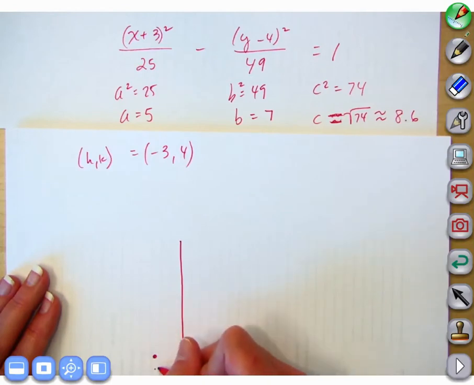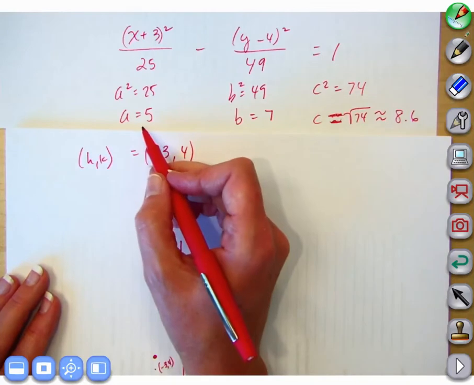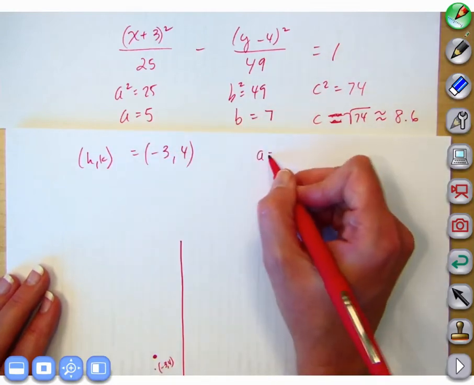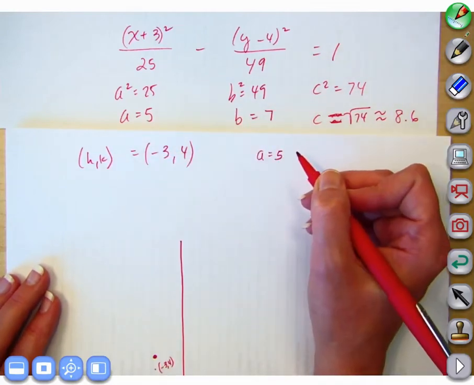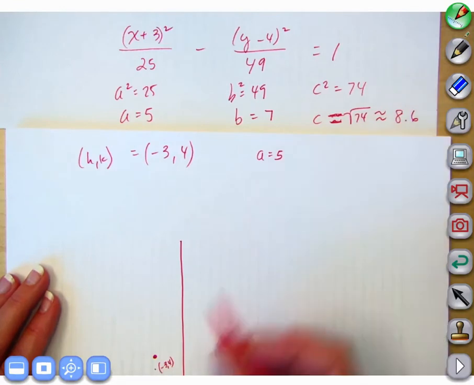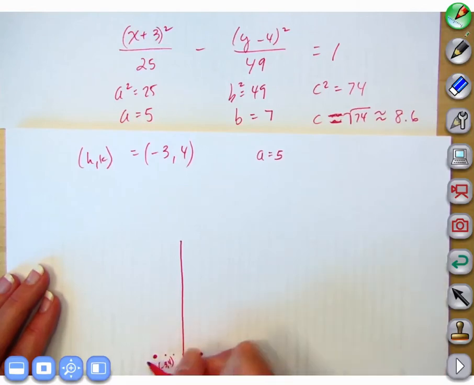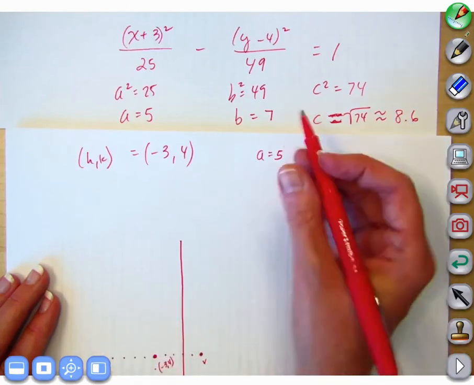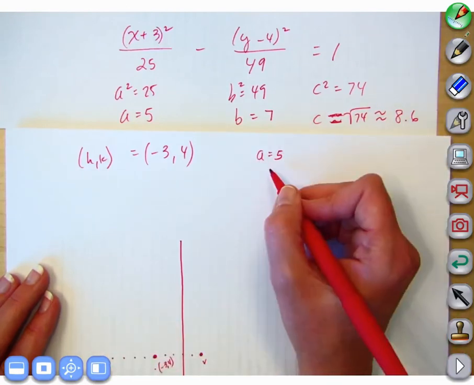So there's my center point at negative 3, 4. What is A? A is 5, and that is the distance to a vertex. So 1, 2, 3, 4, 5. That's a vertex. And then in the other direction, 1, 2, 3, 4, 5. That's another vertex.